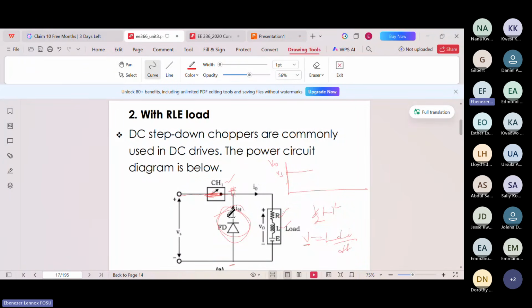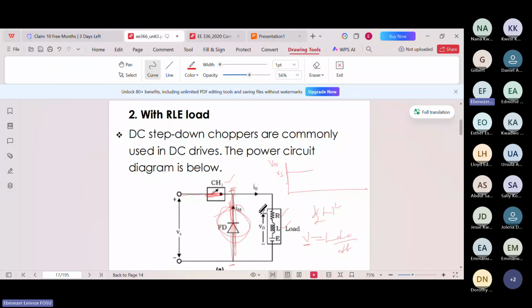Because of that polarity, the diode will be forward biased. That is what I want you to understand. When the diode is forward biased, it will be short circuited, because we are assuming ideal operation. So we are going to have a short circuit here, and you realize that the load will be disconnected from the supply.